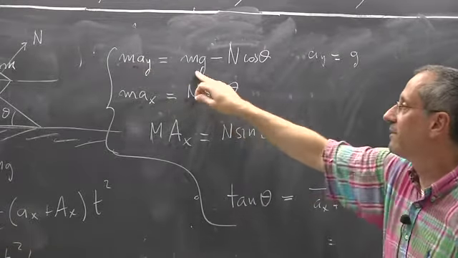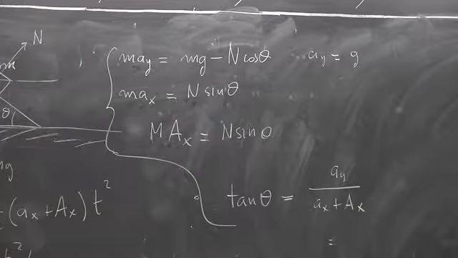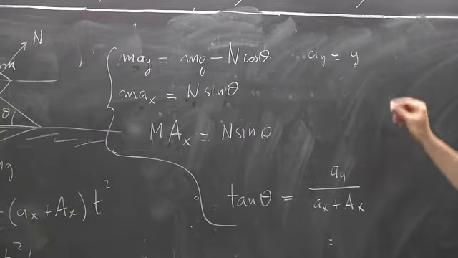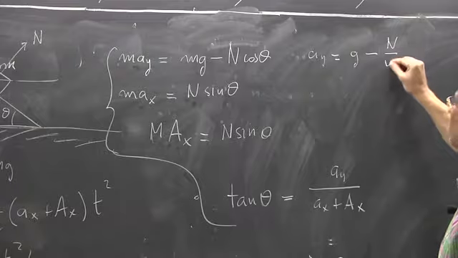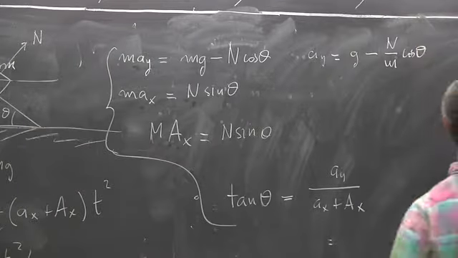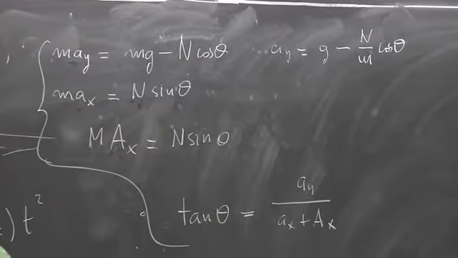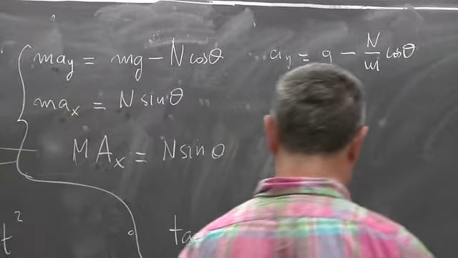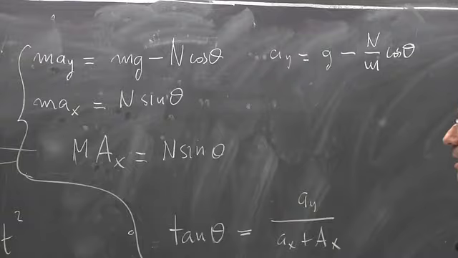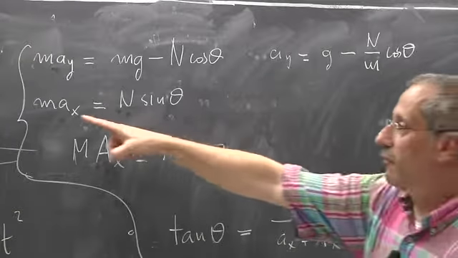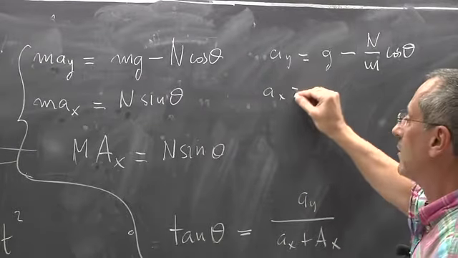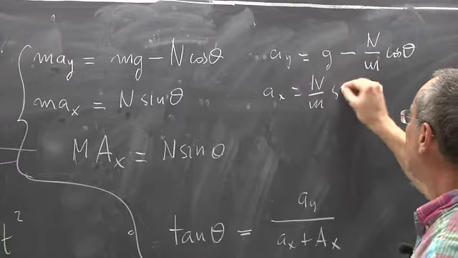I take the mass and divide everything by little m. And the same here, a_x equals n divided by m sine theta.